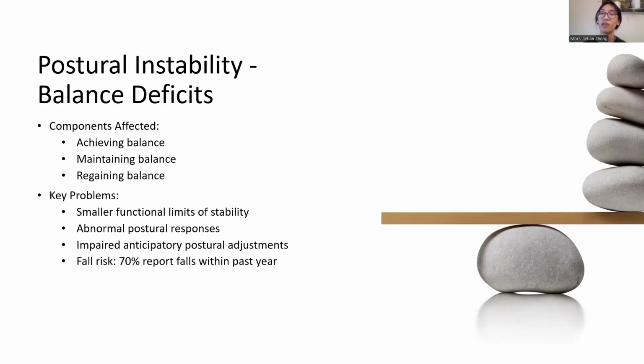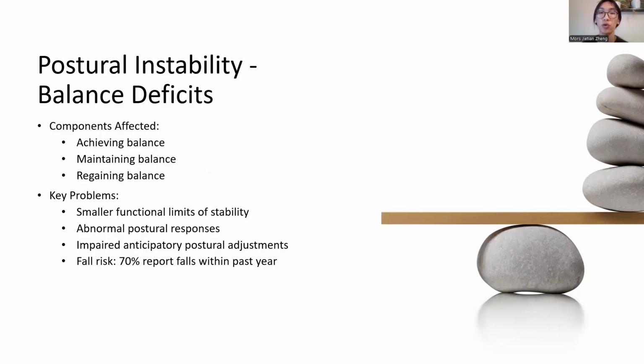Third, regaining balance when disturbed. They demonstrate abnormal postural responses characterized by co-activation patterns that create body stiffness. That means both the agonist and the antagonist contract, creating body stiffness rather than the flexible, coordinated responses we see in healthy individuals.